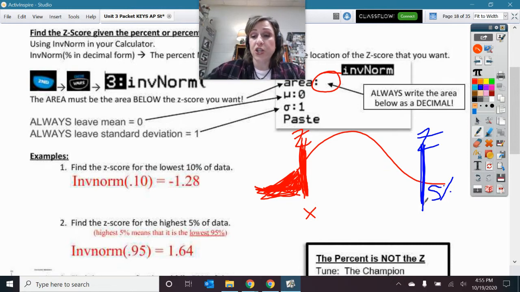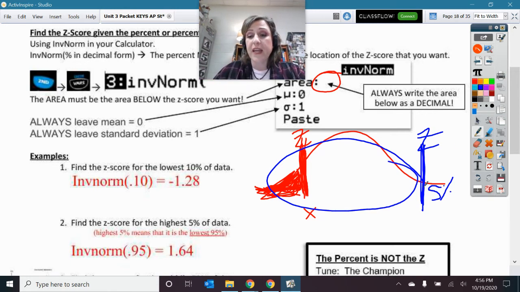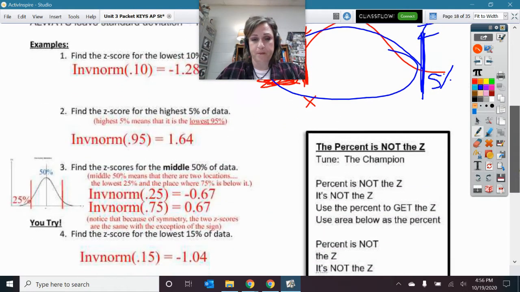Our calculator will do inverse norm of the area below, which is the z at that spot. So if this 5% is the top part, then our lower part is inverse norm of 0.95, and that is a z-score of 1.64.